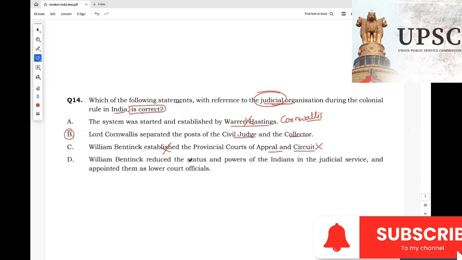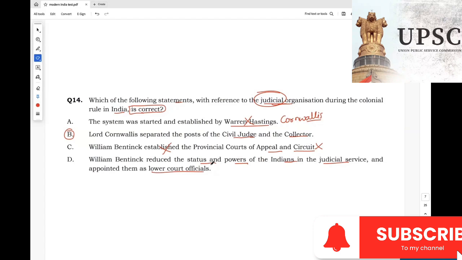William Bentinck reduced its status and the powers of Indians in the judicial services and appointed them as lower court officials. It is not like that, it is the reverse. He allowed Indians. Please remember, the higher judiciary is the first area where Indians got positions. I'm repeating it again.